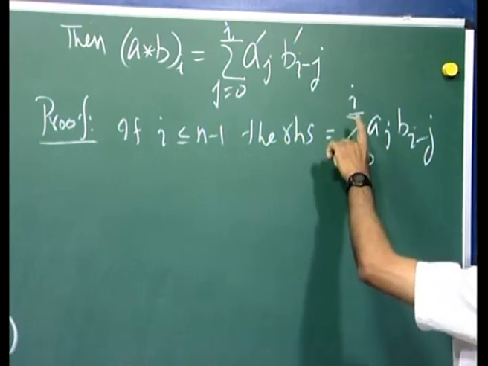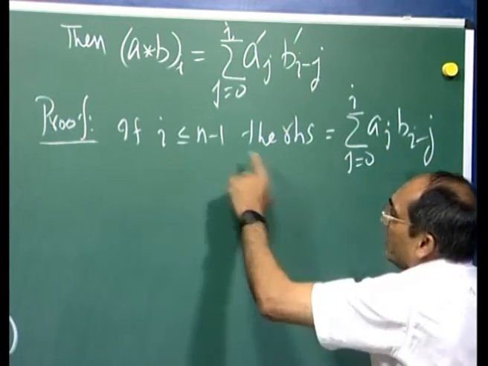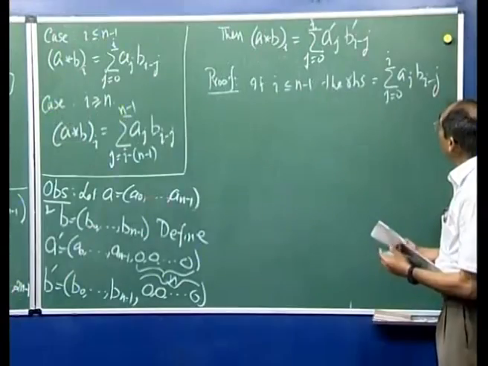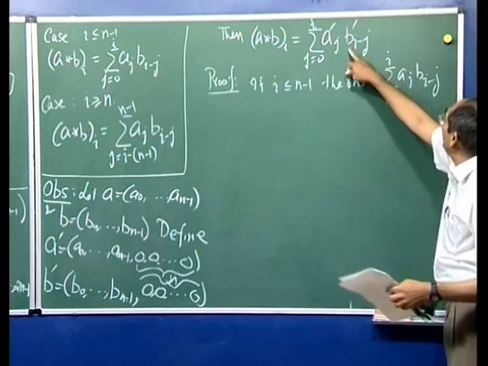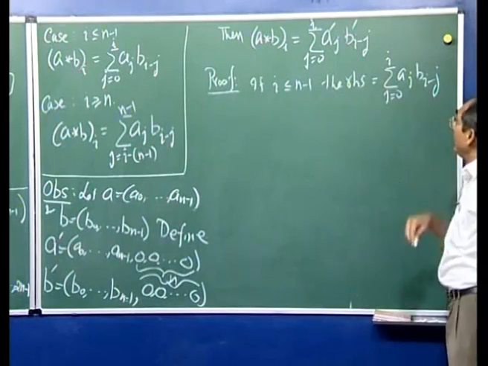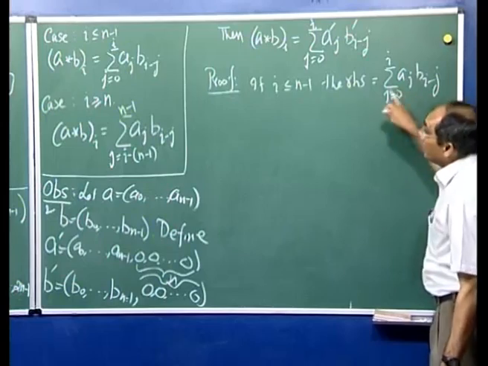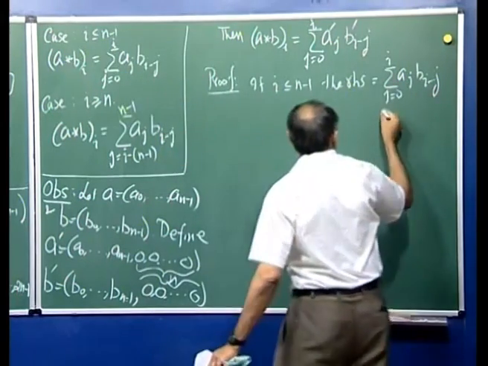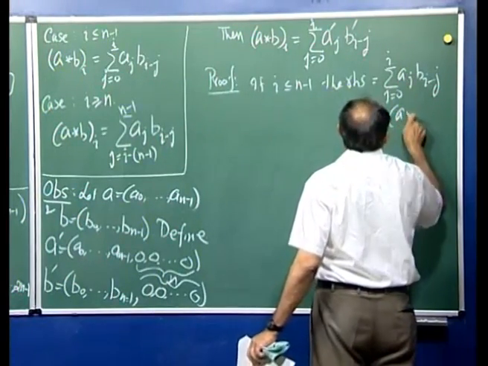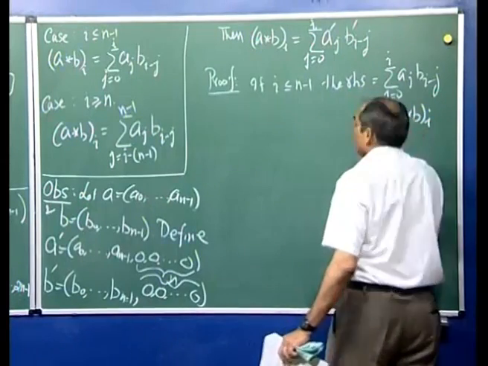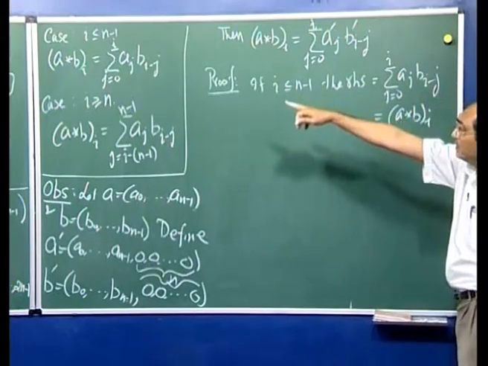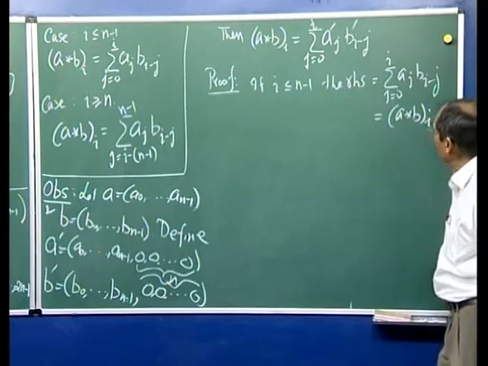All these values are contained in the range 0 to n minus 1. In that range, A prime is A and B prime is B. Hence, this is indeed equal to this. So, this is actually (A star B)_i from that case 1 expression.